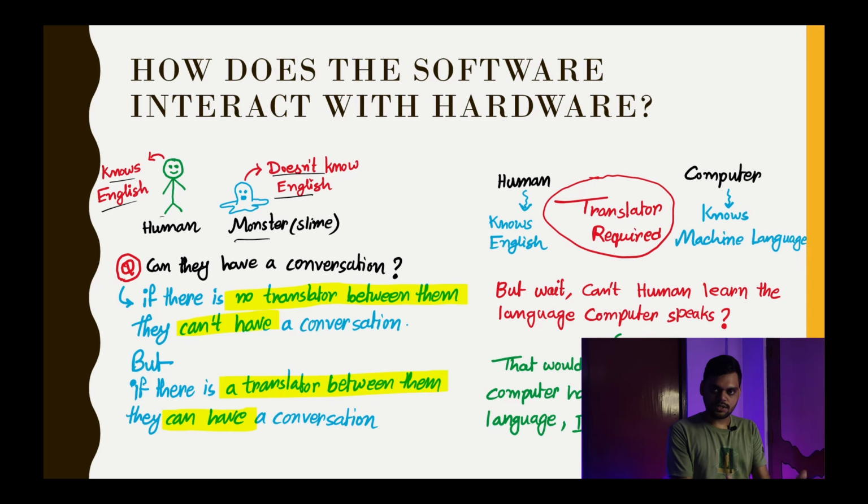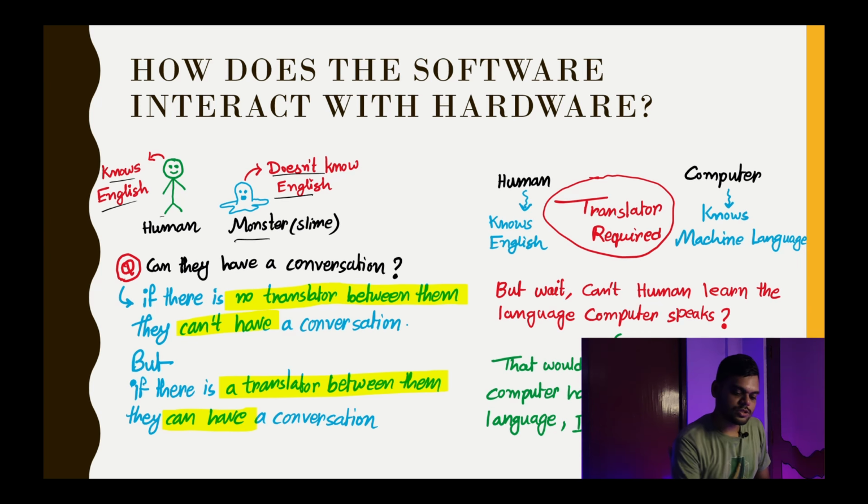Am I able to do this? No. Without a translator in between, I cannot translate my English to the language the monster understands. So I need a translator in between. If I have a translator in between, I can communicate with the monster.